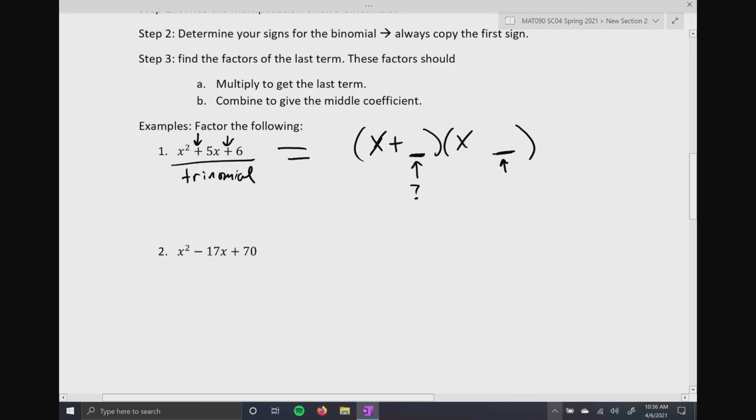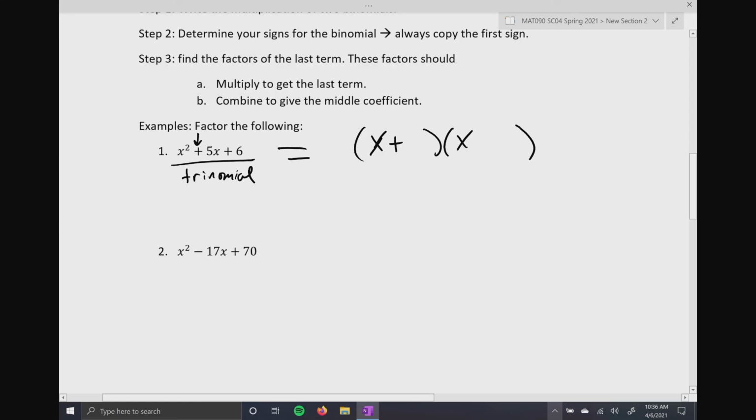A positive times what equals a positive? Positive. So Jada, what you just found are the signs that I needed. You always copy the first one down, and then you find the second one with the information that you have. Let me do that one more time.